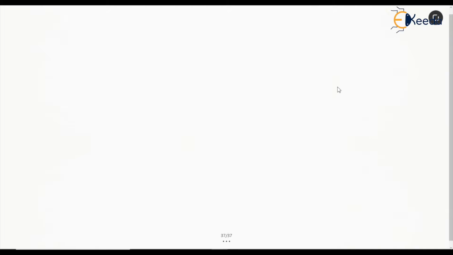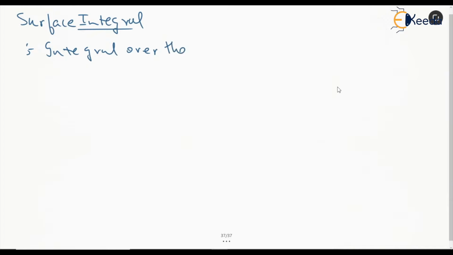So, it says integral over the surface S for a vector function, or for a vector field.